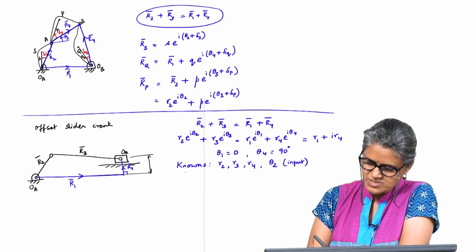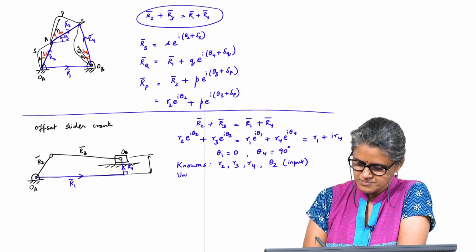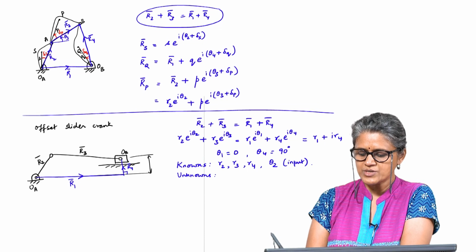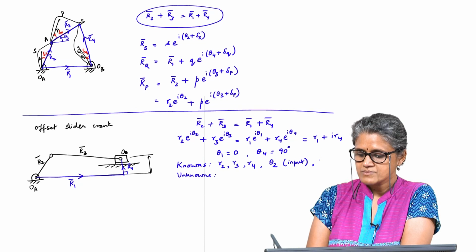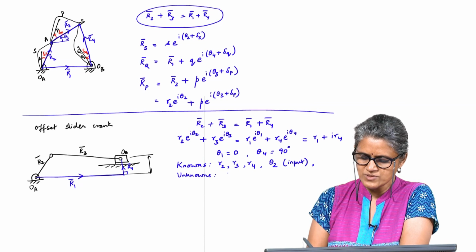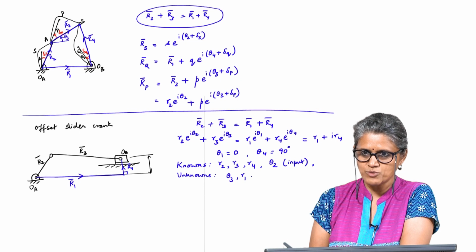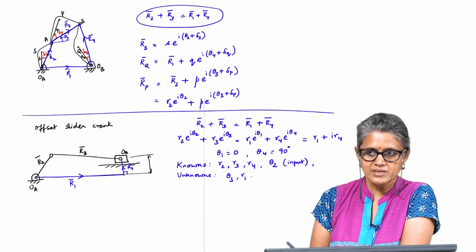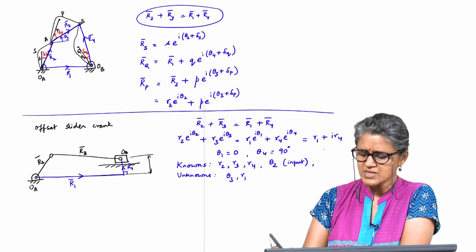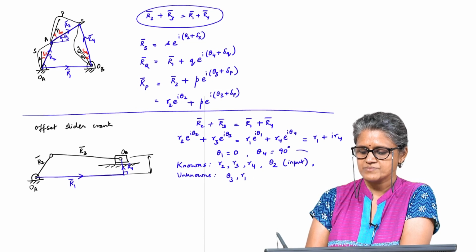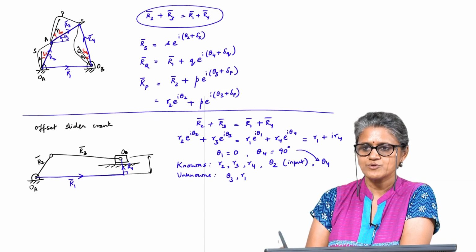What are your unknowns? What else is known here? Unknowns are theta 3, R1, there is one more left, where do I put that? Theta 4 is known, right. So, theta 4 is known here.